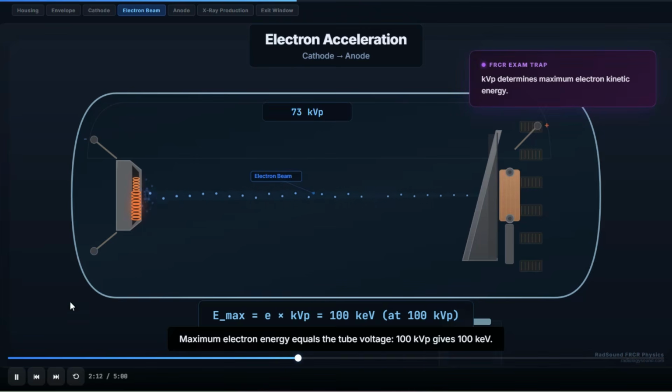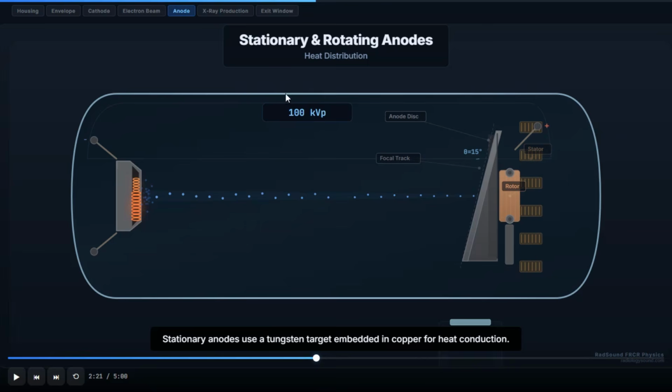Meaning that if we apply 100 kVp tube voltage, each electron has 100 keV. The unit of an electron's energy is the electron volt. If we apply 100 kVp across the tube, each electron is going to move with a kinetic energy of 100 keV.